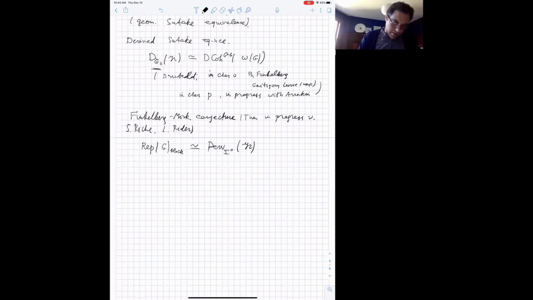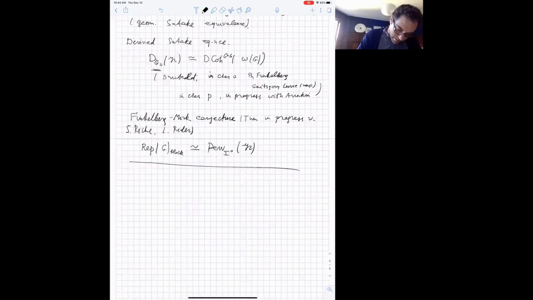Okay, so basically the actually interesting thing here is various structures that can be seen on the two sides. I think I have like one minute left, so I'll just make a few remarks.